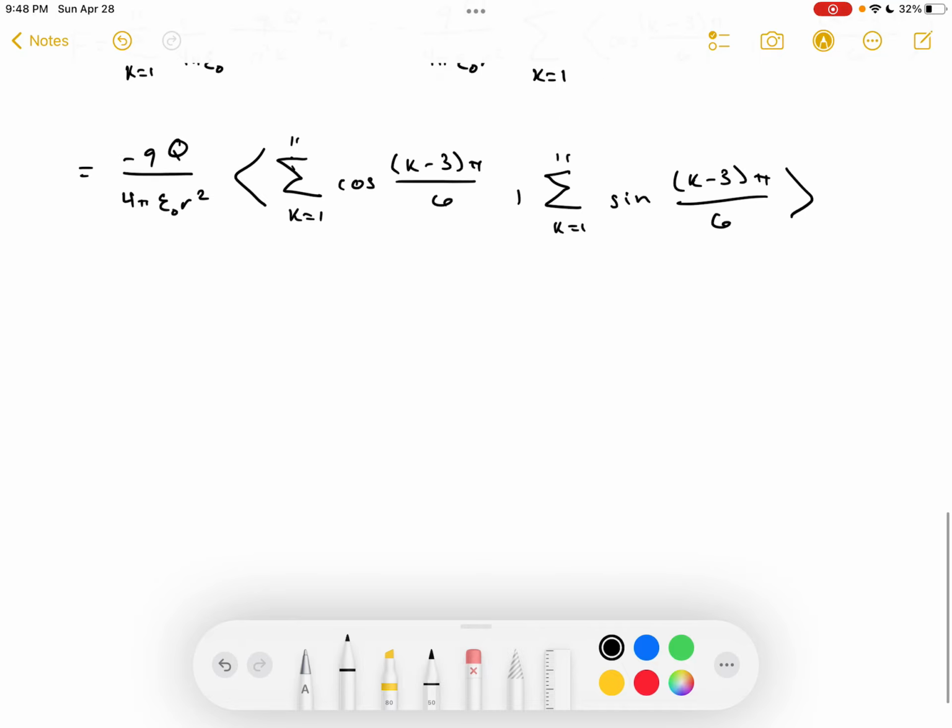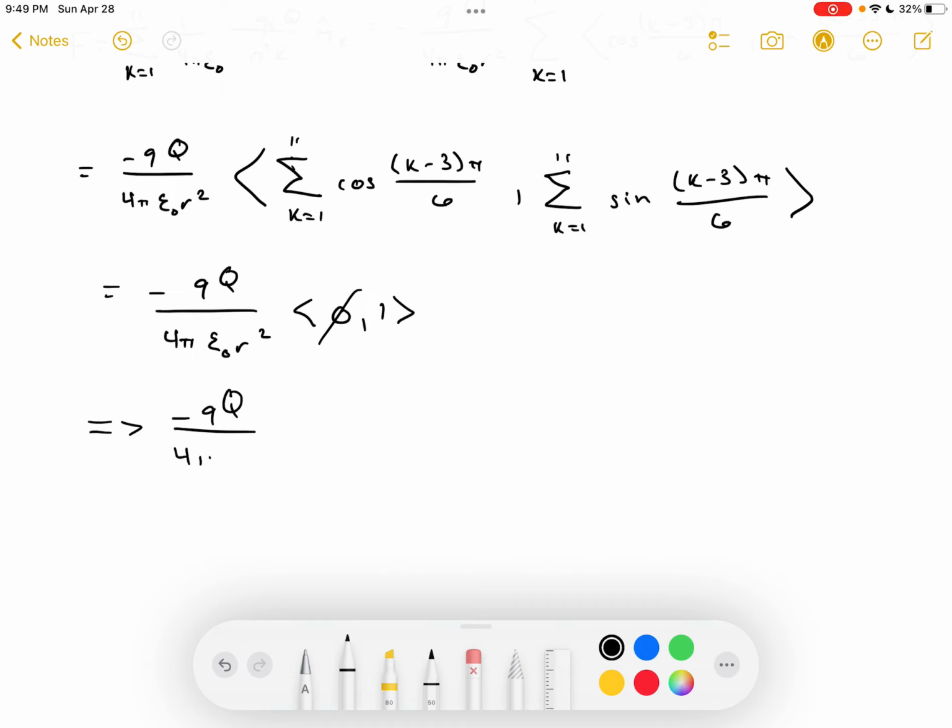Then we get the vector 0, 1, and since the other part is 0, we just get negative q over 4 pi epsilon naught r squared y hat.